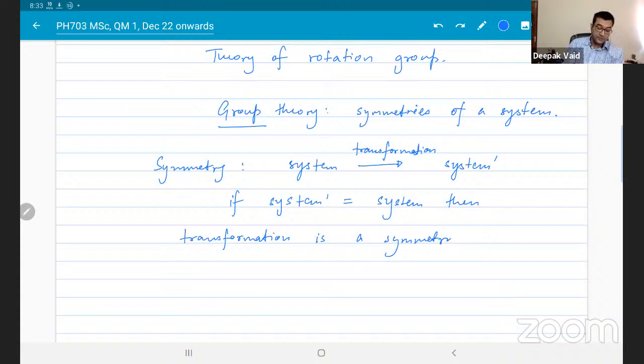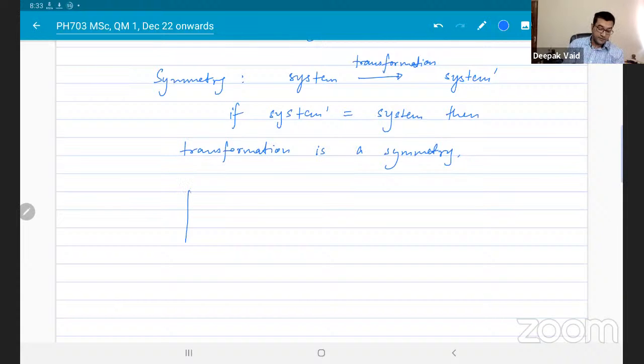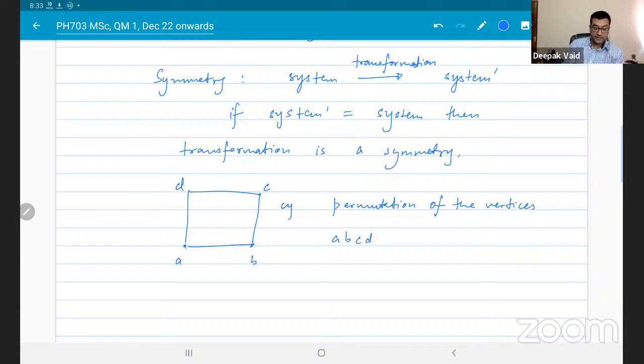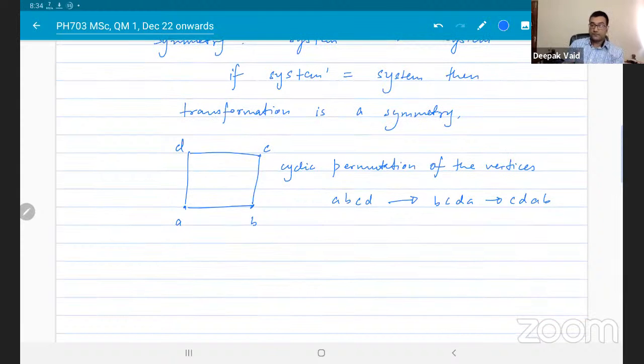An example of some symmetries, for instance, is if you look at a square, let's say A, B, C, D. Now, if you take any cyclic permutation of the vertices, so if I take A, B, C, D to B, C, D, A or C, D, A, B, I will have the same object.